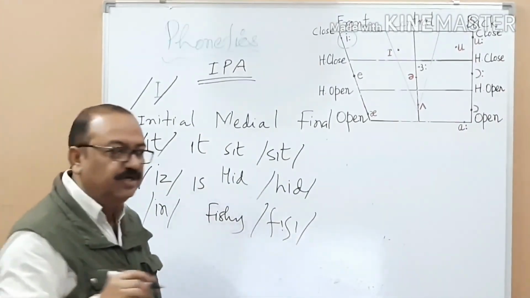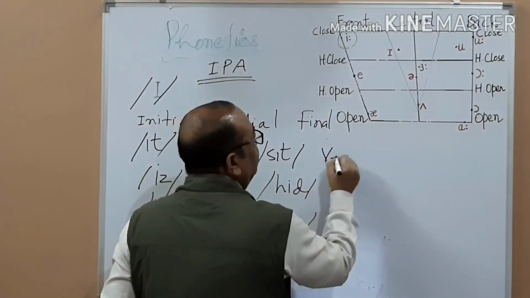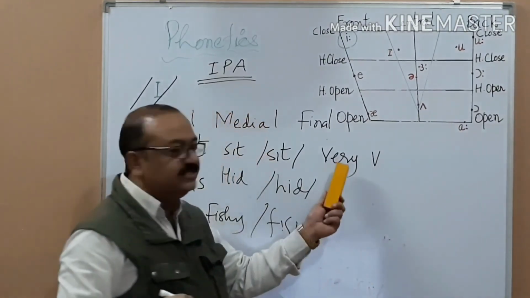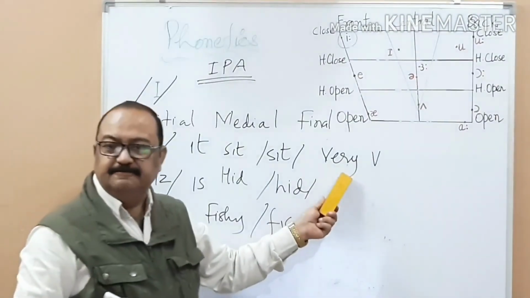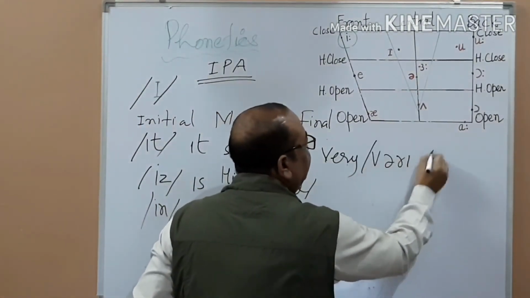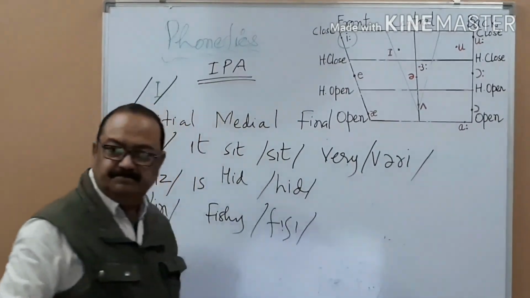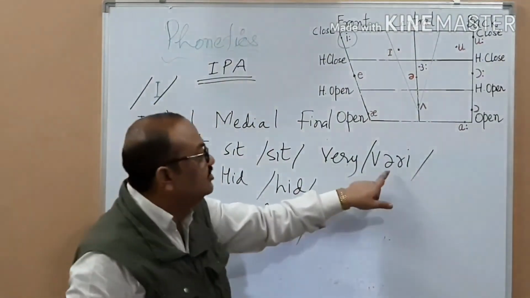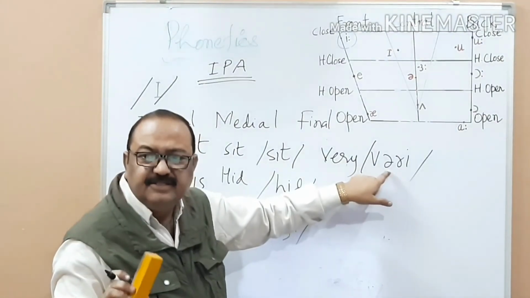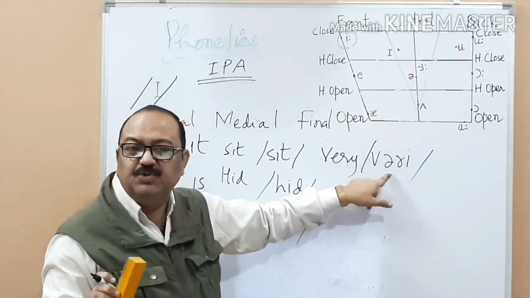Can you guess any word? Very, for example. He is very smart. So how will you write? Very. This is how you spell it. So this is how it is written. This is very short. This is called schwa in English. What do we call it?